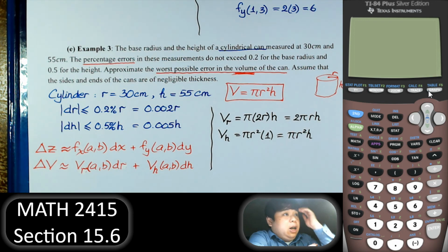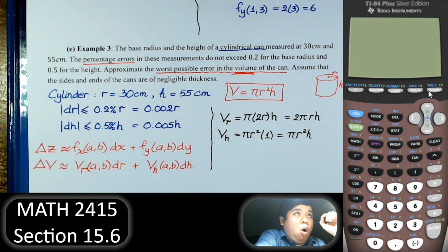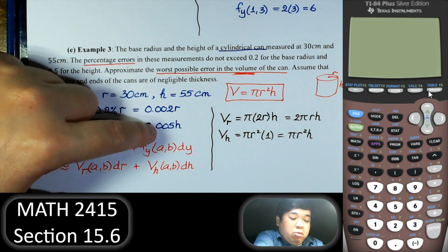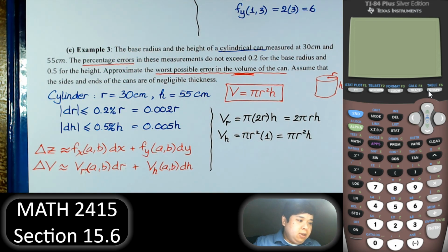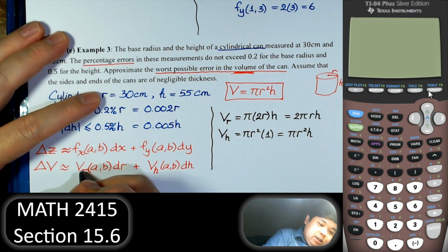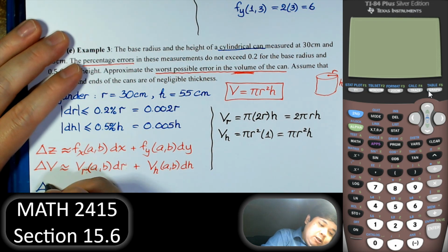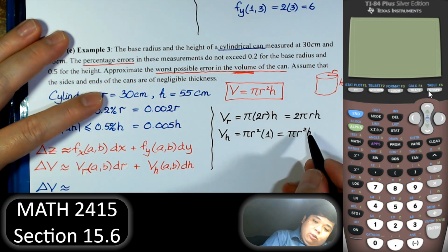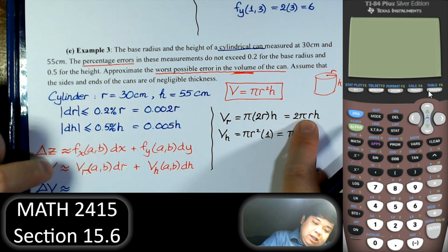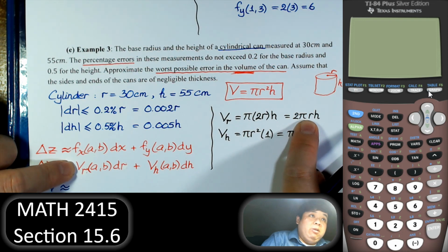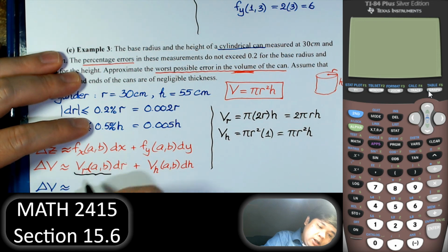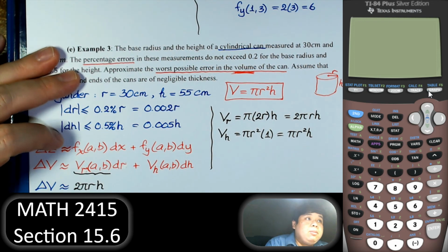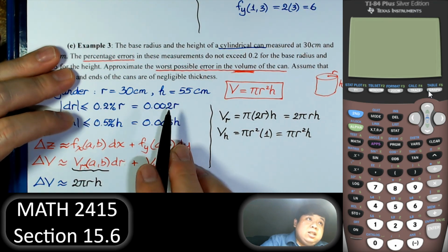Now, since we want the worst possible error, we have to choose the maximum of those errors, and we substitute in here, right? So we put that in for the derivative of V with respect to r. We have 2 pi r h. The worst possible error is plus or minus.